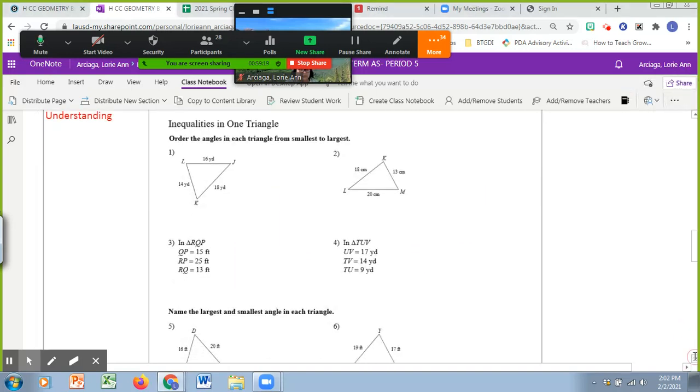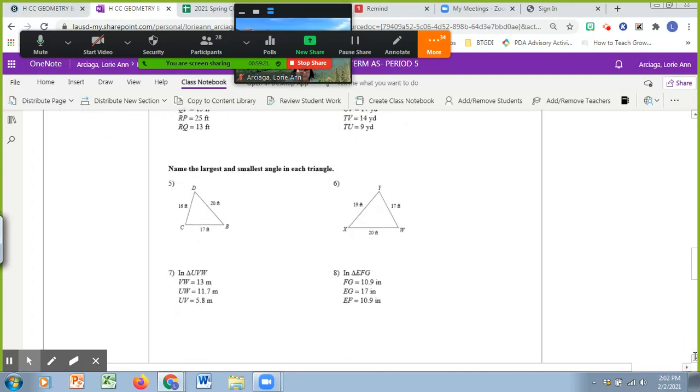Alright, let's go down. Okay, this one you have to name the largest and the smallest angle. Largest and smallest. So I will put a letter A here and a letter B here. So when you type in your answer, your first answer is the largest and the second answer is the smallest.